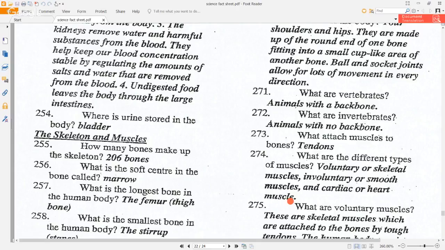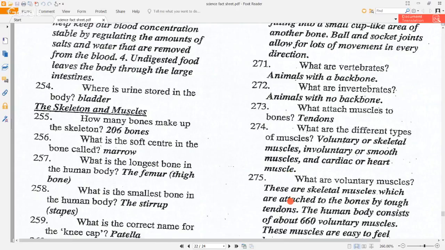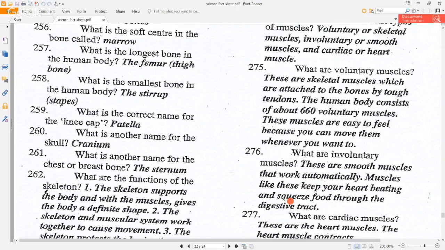What are voluntary muscles? These are skeletal muscles which are attached to the bones by tough tendons. The human body consists of about 660 voluntary muscles. These muscles are easy to feel because they can move whenever you want them to.